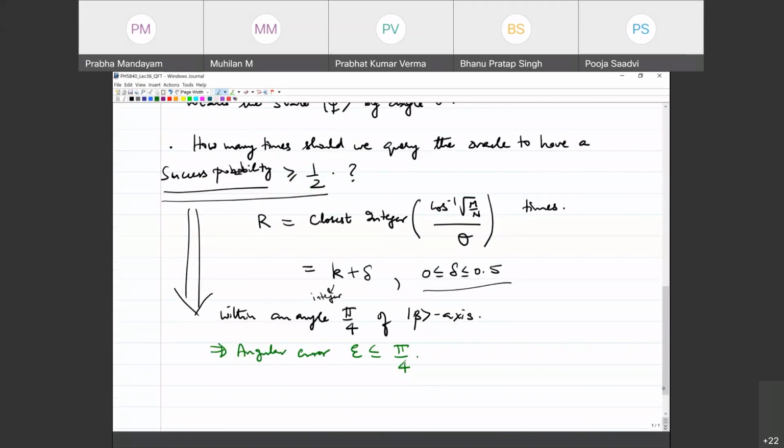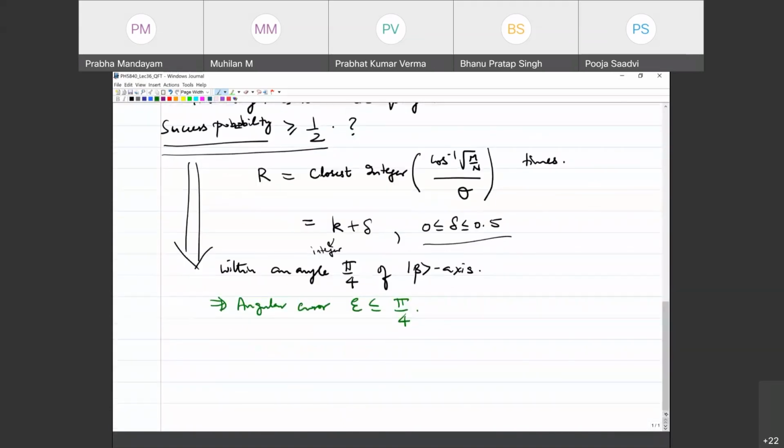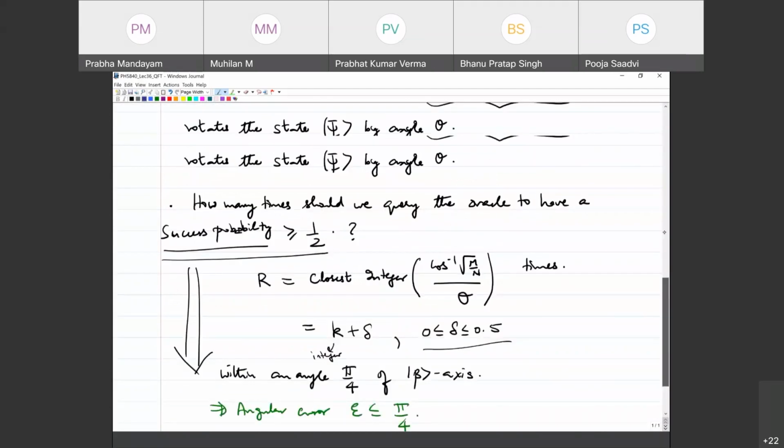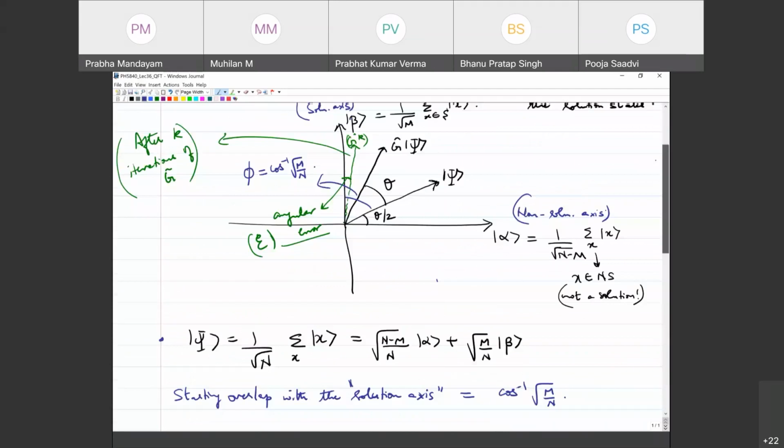Okay, so what is the angular error? Let's estimate that. So this error is going to be, you have done this now 2k plus 1 times, right? So this is whatever is this full angle, which is cos inverse square root m over n plus theta by 2, minus this angle, g to the k.